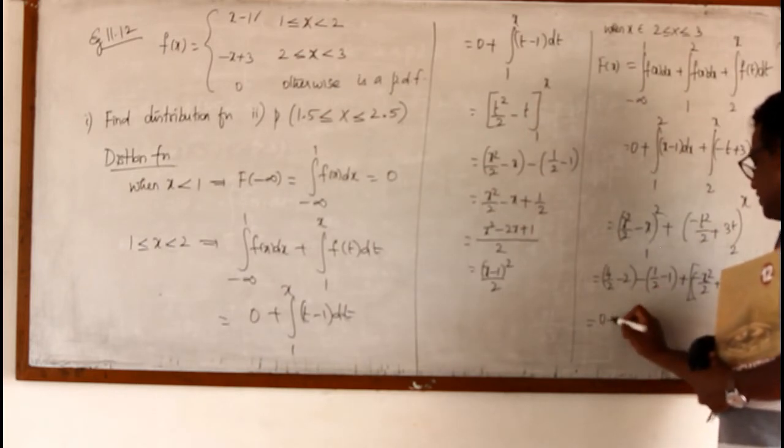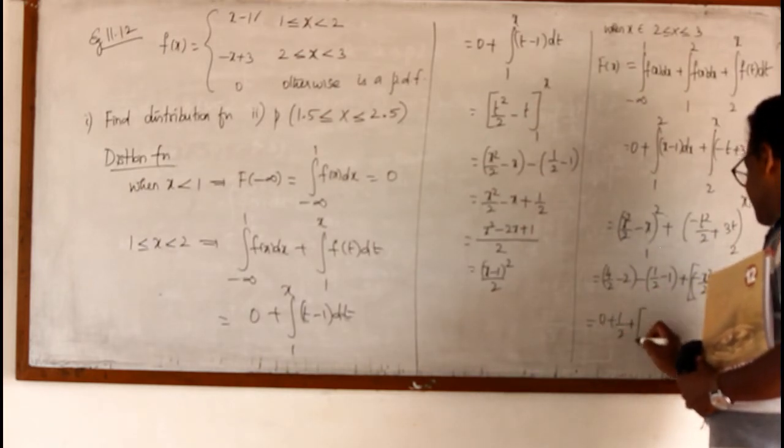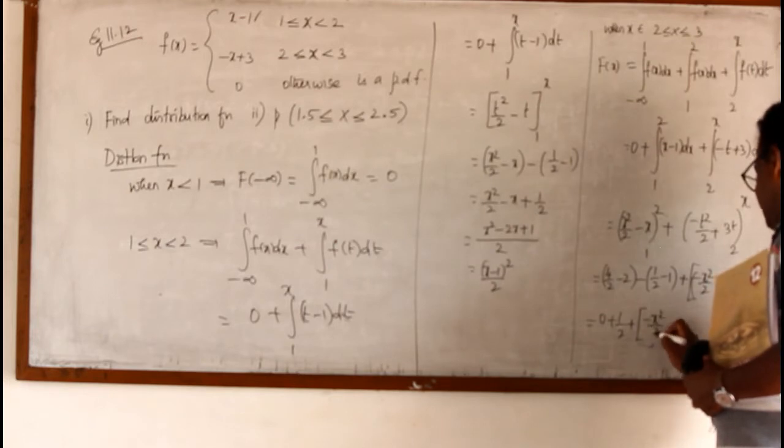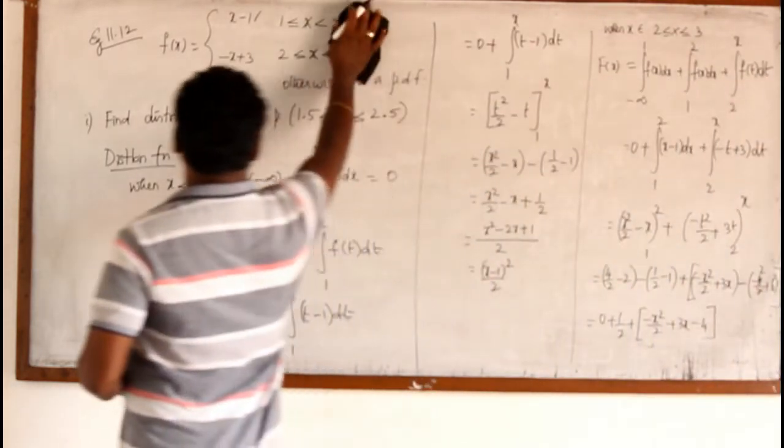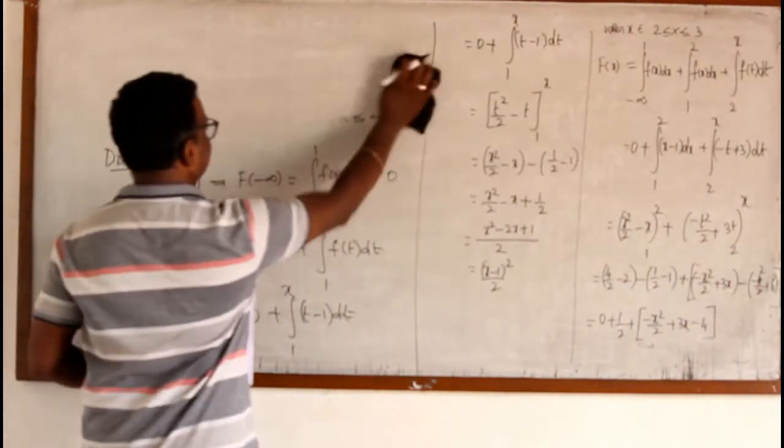Minus of minus is plus. It is minus x square by 2 plus 3x, minus 2, 2 minus 6 is 4, so minus 4. We shall simplify further.